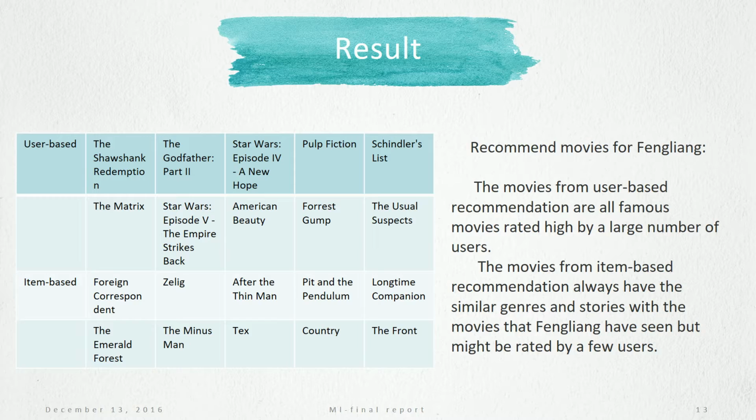Take Fengliang as an example. The movies from user-based recommendation are all famous movies rated by a large number of users. The movies from item-based recommendation always have similar genres and stories to the movies that Fengliang has seen but might be rated by few users.